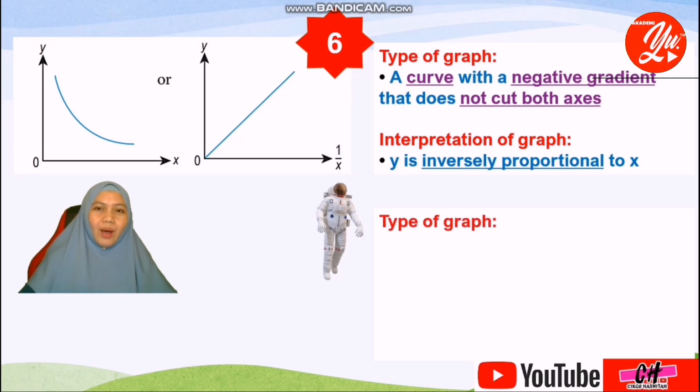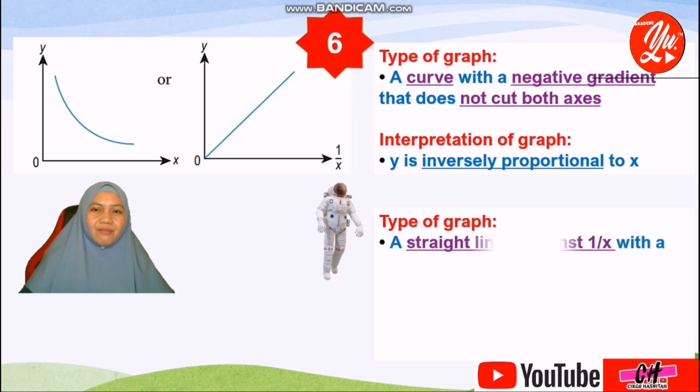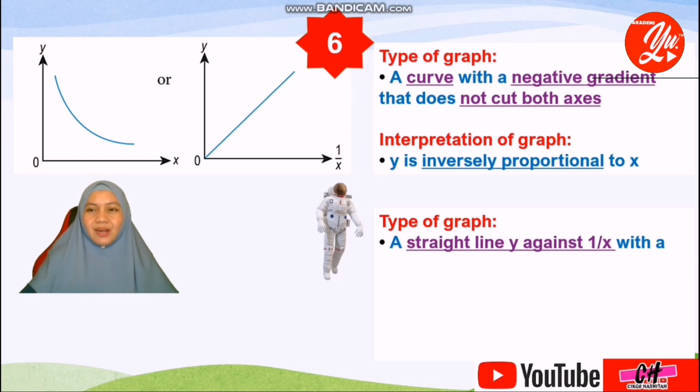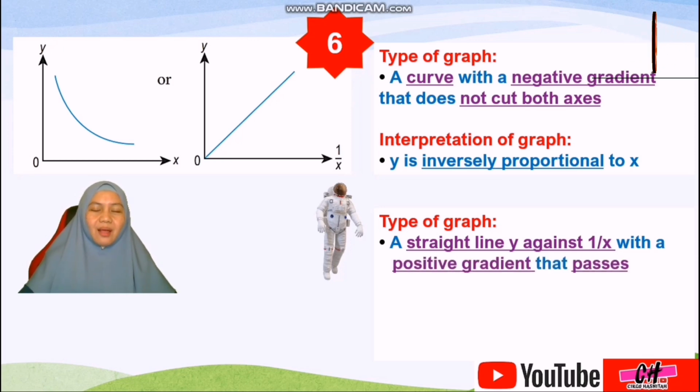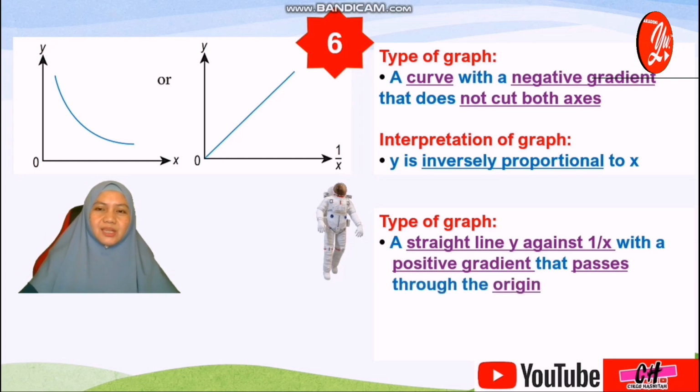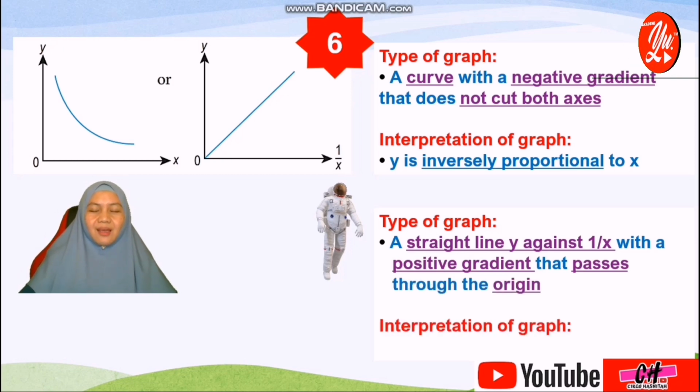While on the right side, what can we say about the type of graph? It is a straight line, y against a reciprocal of x, with a positive gradient that passes through the origin. So what can we say about the relationship between y and reciprocal of x?